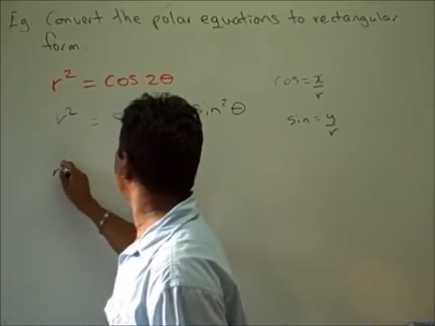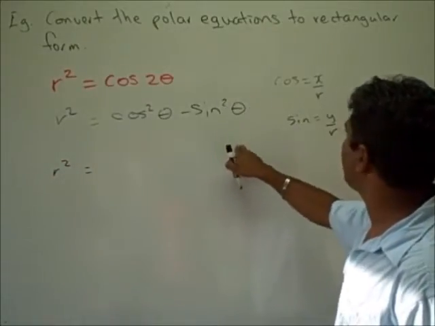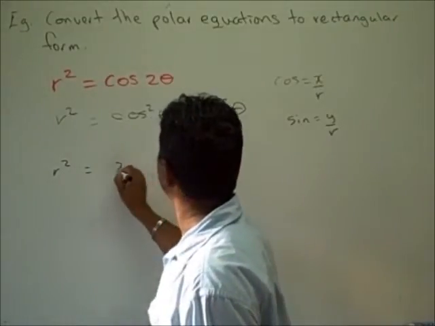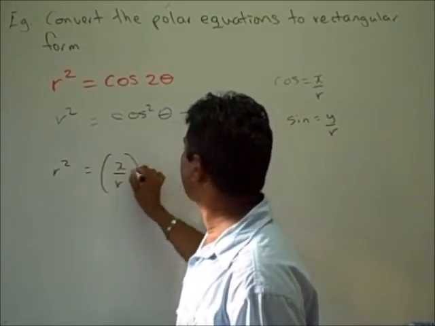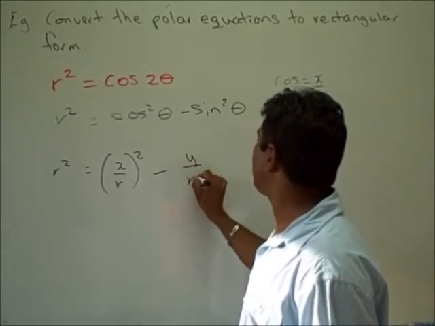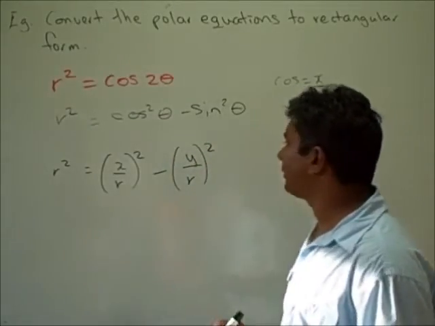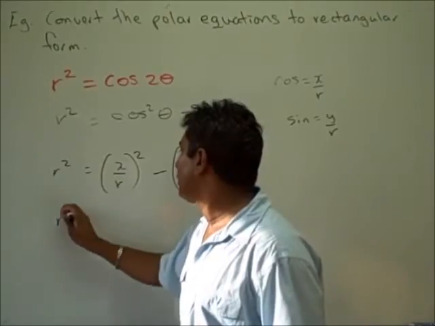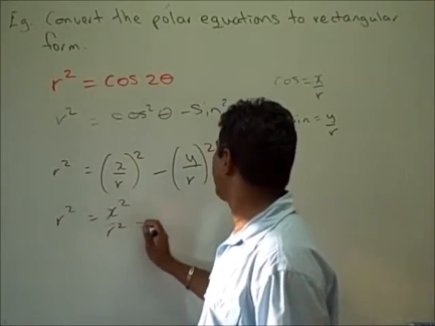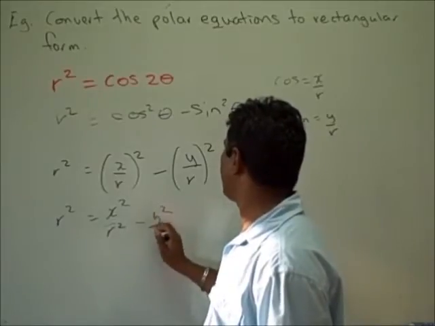So substituting for cosine theta and sine theta, cosine theta becomes x over r squared minus sine theta, which is y over r squared. So this gives us r squared is equal to x squared over r squared minus y squared over r squared.